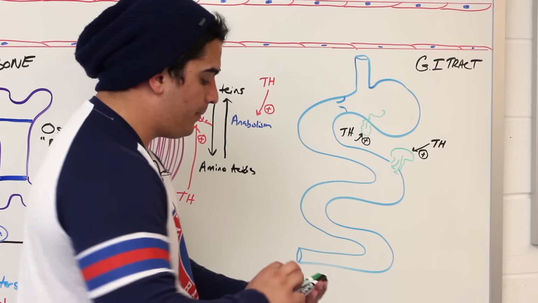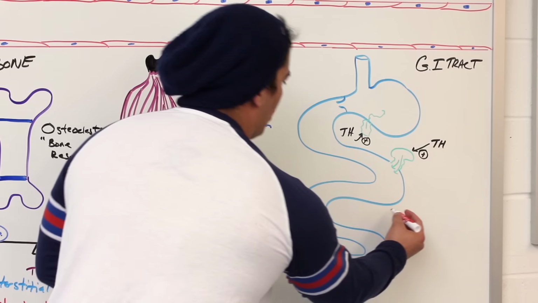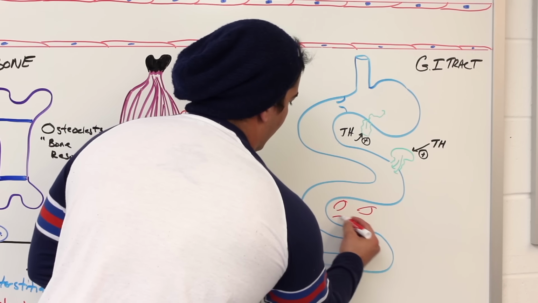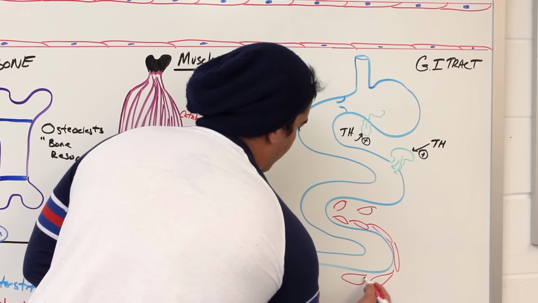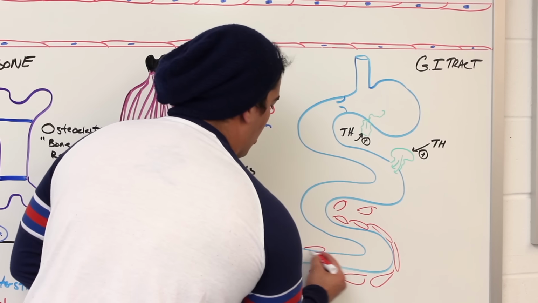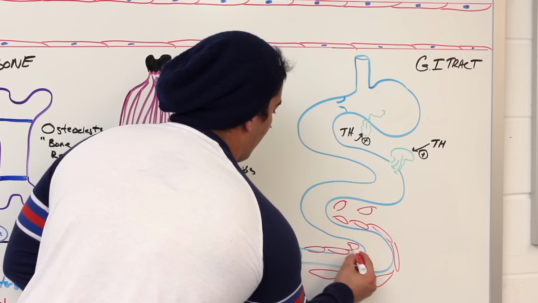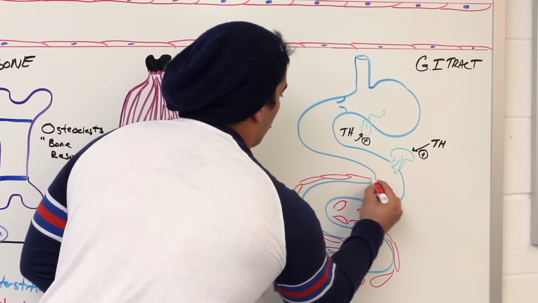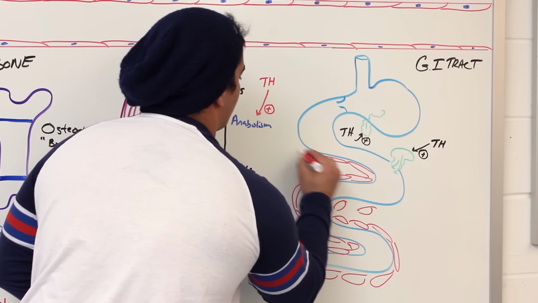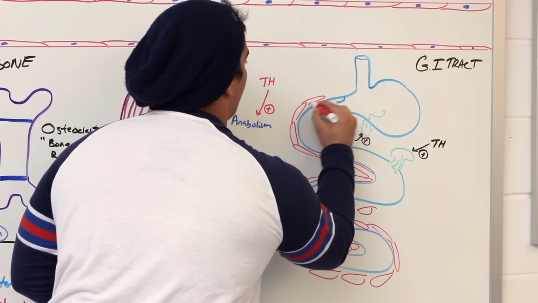You know what else is happening? Smooth muscle. You know, there's smooth muscle throughout this entire area here. That's primarily what the GI tract consists of, smooth muscle. You know who actually works on these smooth muscle cells? You bet it, thyroid hormone. And if thyroid hormone is working here on these smooth muscle cells, it's enhancing the motility normally.